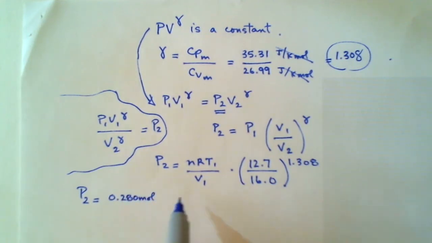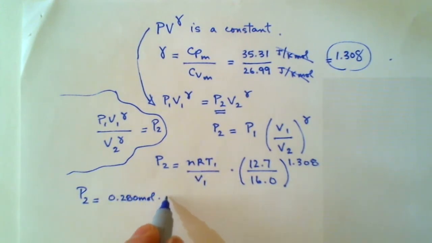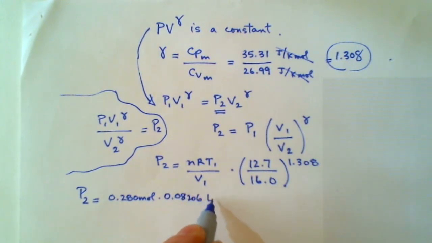moles times R. Think about what value for R you want. Yeah, you want the one with the liter. 0.08206 liter atmosphere per mole Kelvin.